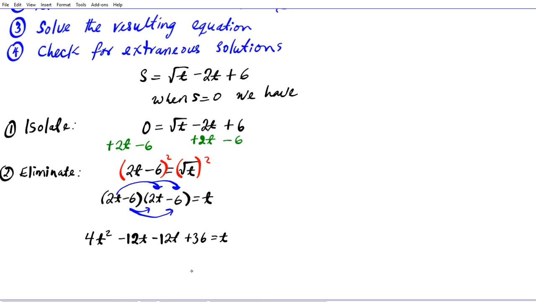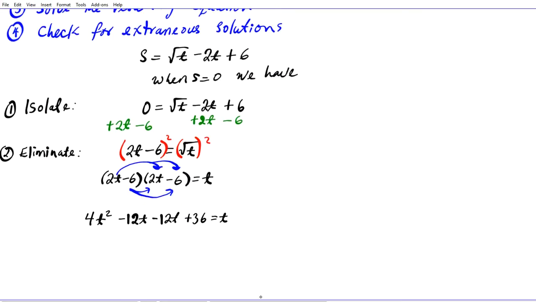Now we have a quadratic equation. Let's go ahead and put it in standard form. And we can also combine like terms. If we combine like terms here, we're going to have 4t squared. Combine these two, minus 24t. Their signs are the same, so you add and keep the sign. Plus 36 equals t.